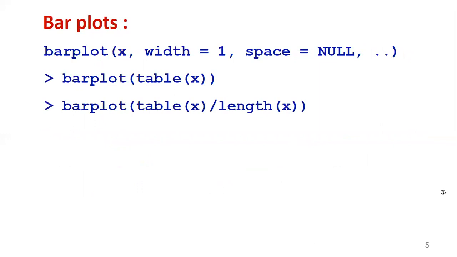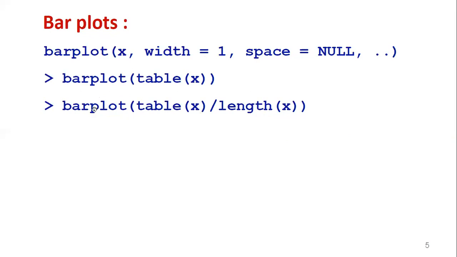Then the syntax used in our software. Simply you can use barplot within parentheses, the data x, comma, then you can mention width, by default width equal to 1, comma, space equal to NULL, etc. This can be obtained by using absolute and relative frequencies.